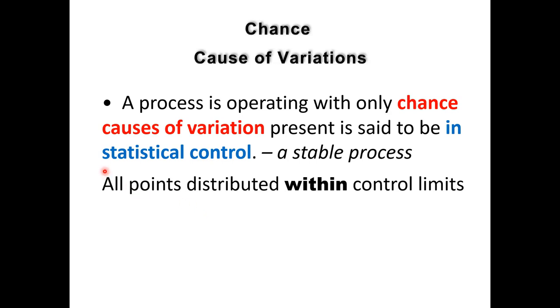So again, this is the situation of a stable process which is in statistical control, whereby all points are distributed within the control limit, and if there's any variation which occurs in the process, it is only due to chance cause of variation.